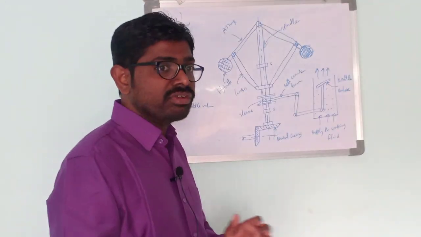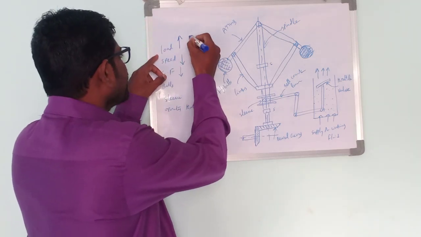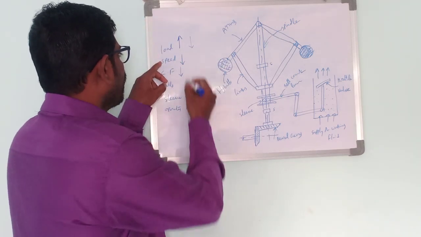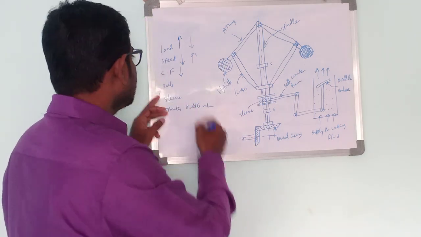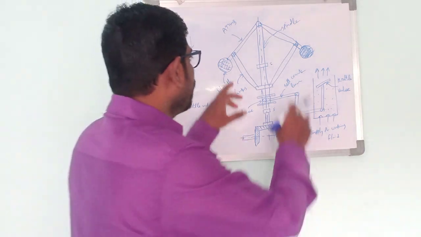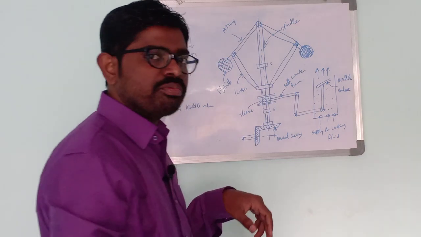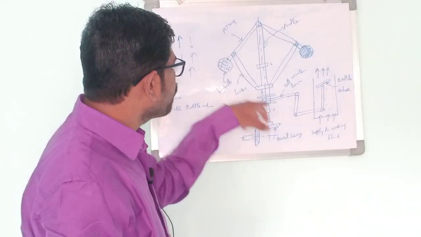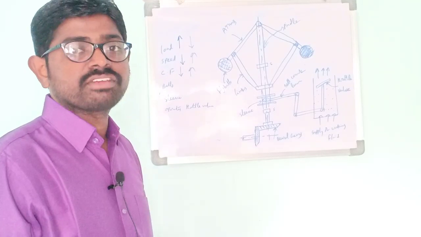And the second condition I can explain in the same way. When the load is decreased, automatically the speed is increased. When the speed is increased, the centrifugal force increases. When the centrifugal force is increased, the balls move outward and the sleeve moves upward. The upward movement of the sleeve operates the throttle valve via the bell crank lever to decrease the supply of the working fluid.